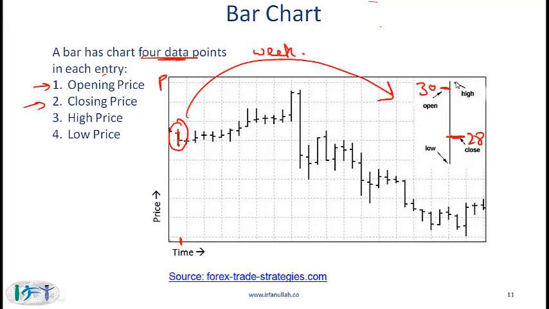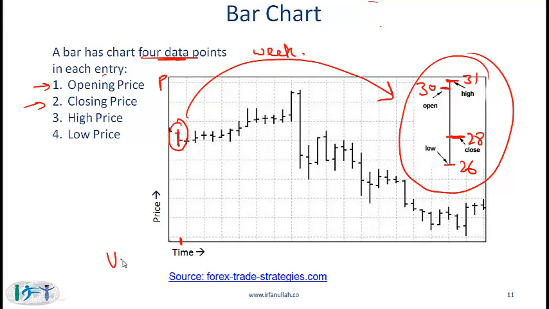You might have a high for the day, which is 31, that's depicted by the top of the line, and a low for the day, which might be 26. So notice we have 4 pieces of information in each bar. And again, very often with a bar chart at the bottom, you will also be given the trading volume for that period.